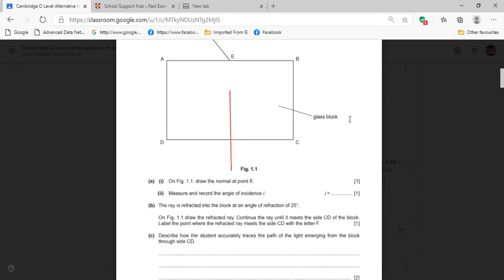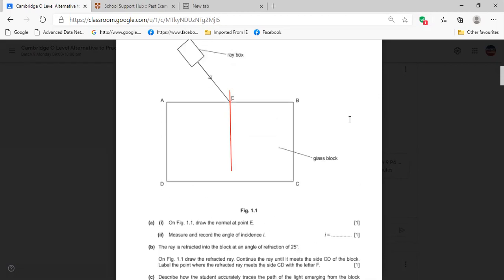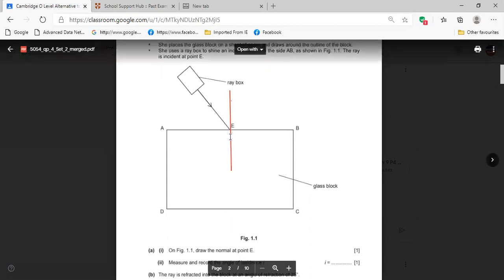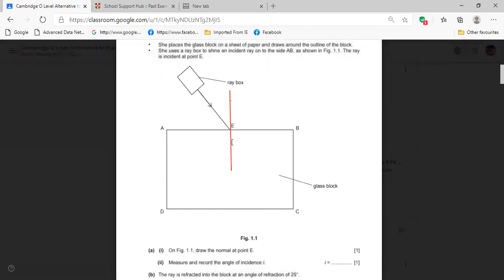So here you will do part B. From this normal, always get 25 degrees with your protractor, and there you will draw the refracted ray.